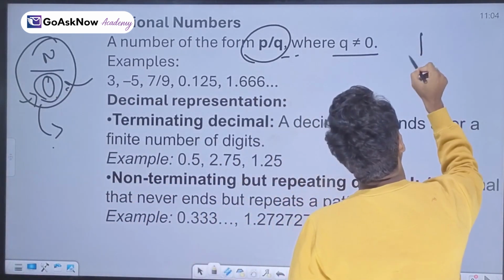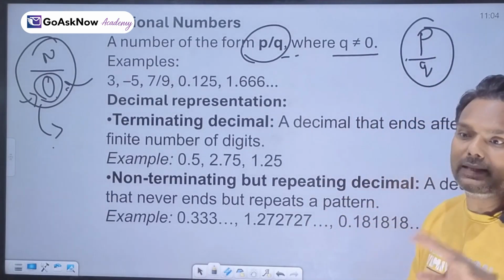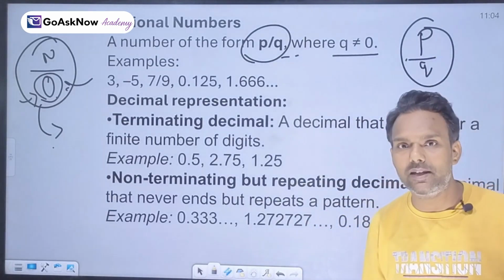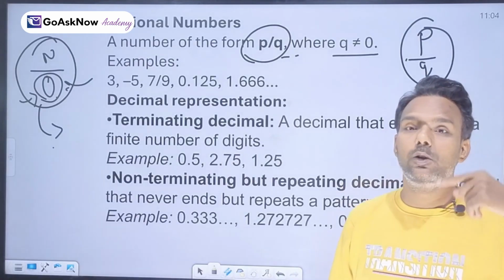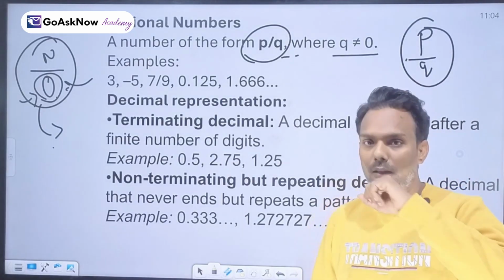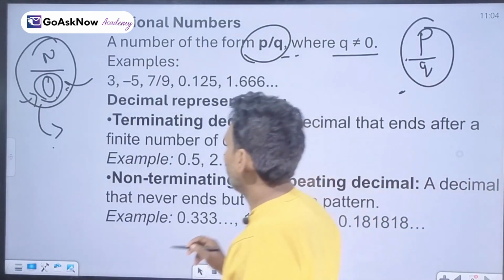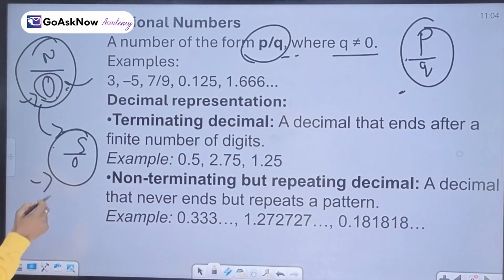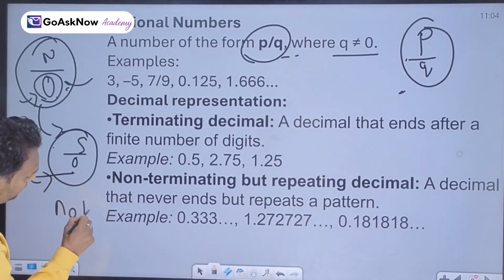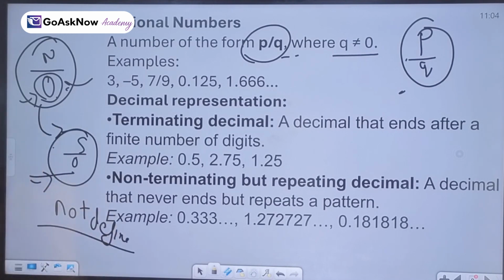So what we can say about a rational number is that it should be in the form of p by q, where p and q both are co-prime to each other, meaning in its lowest form, and q should not be equal to 0. Okay? So if we ask what is the value of 5 by 0, you will say it's not defined. It's not defined. Okay?